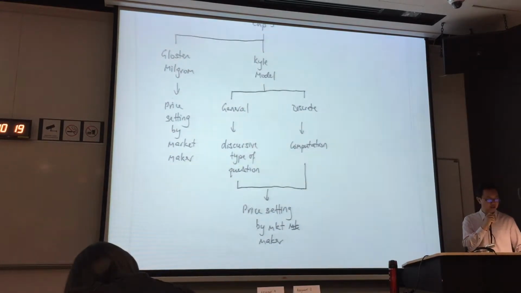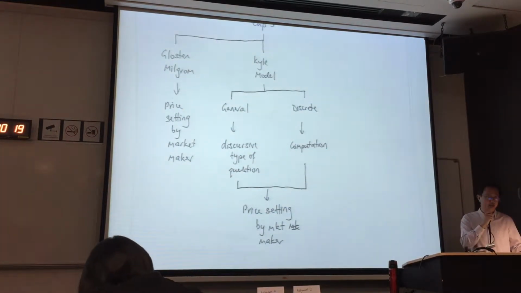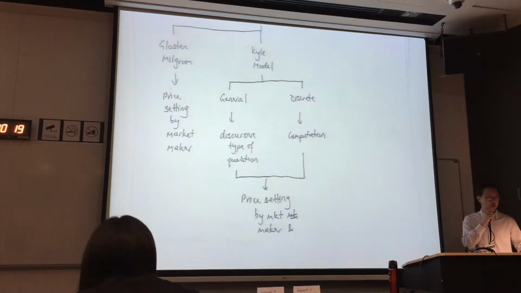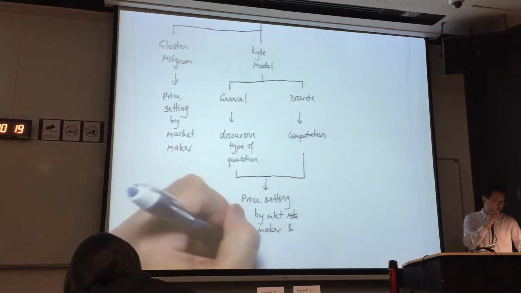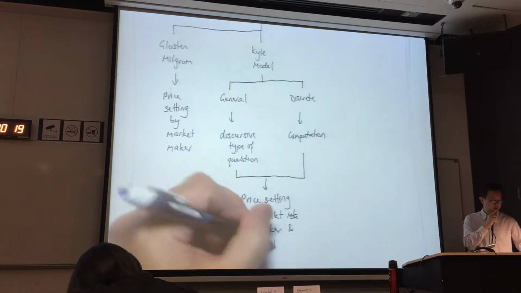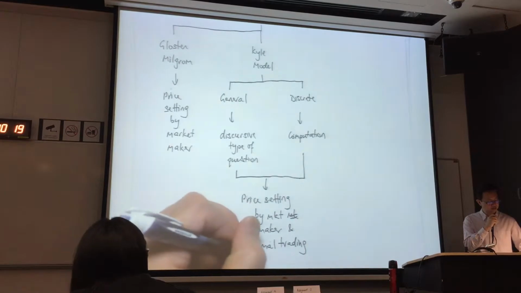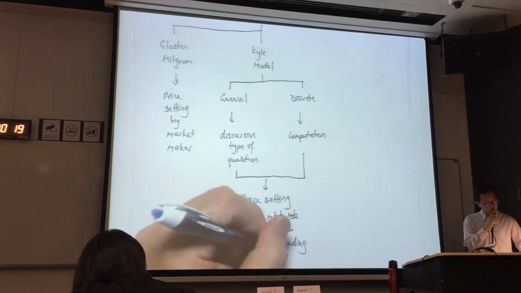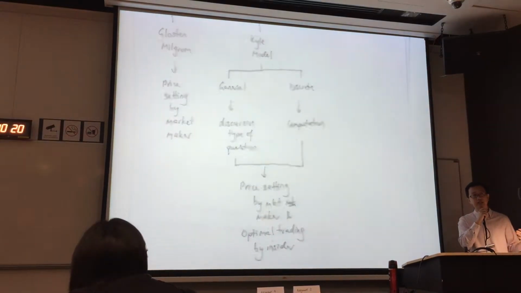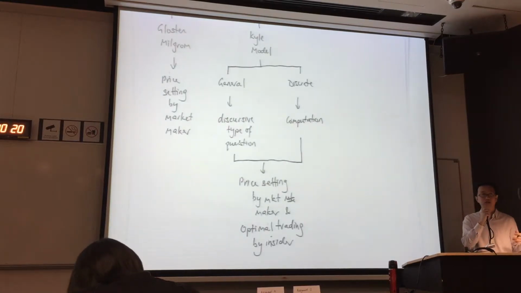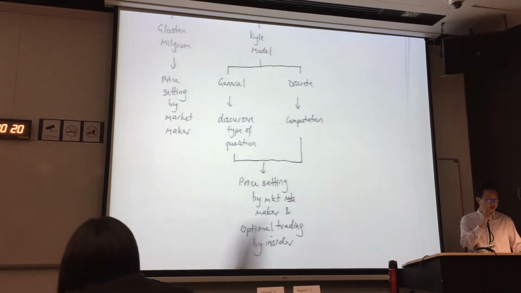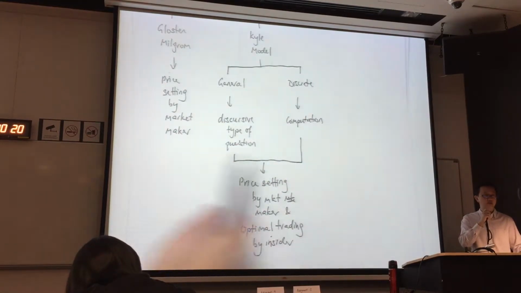But on top of the price setting by market maker, in this Kyle model, it also addresses the issue of optimal trading by insiders. Insiders are those with knowledge about the security, whether it's undervalued or overvalued. So these two are very important.